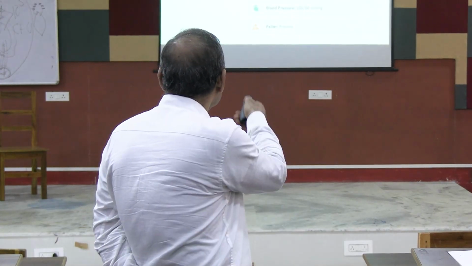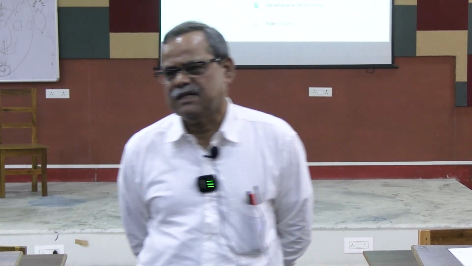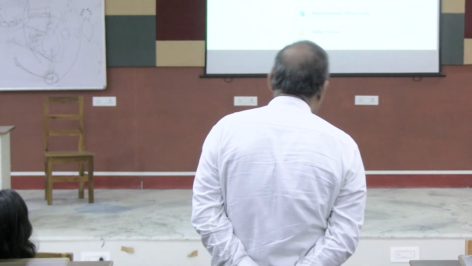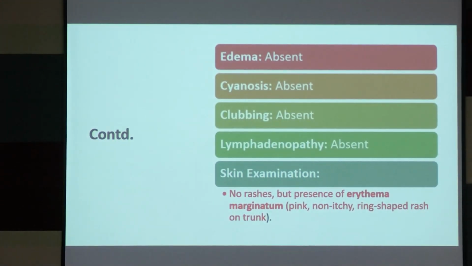But here the heart rate is 120 beats per minute. This is called relative tachycardia, where the heart rate is more than expected. It is also one common finding of acute rheumatic fever. Now these are the normal observations.